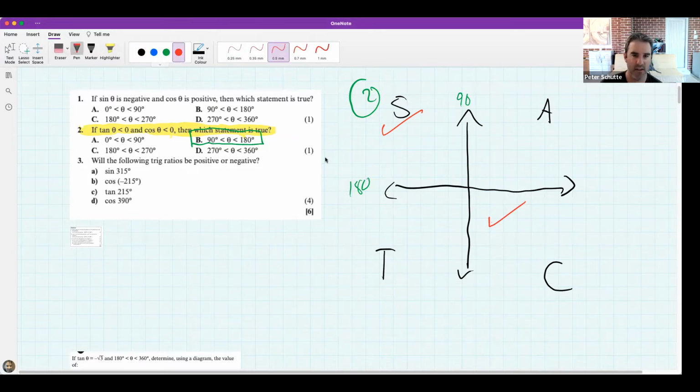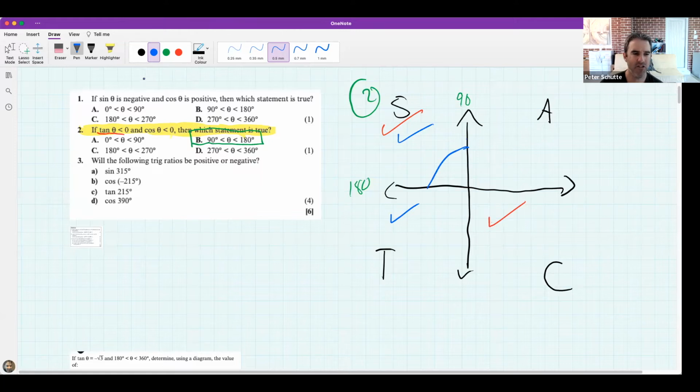The red ticks: tan is negative in quadrant 2 and quadrant 4. That was the first bit of information. Then we also need a place where cos is negative, and cos is negative in this quadrant and this quadrant. So the only quadrant that can accommodate both statements being true is quadrant 2. And angles in quadrant 2 are between 90 and 180. That's how I got B.